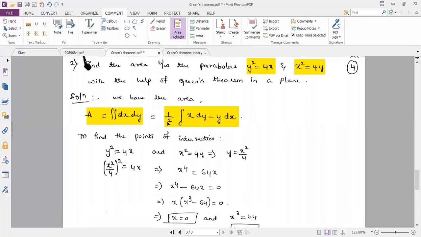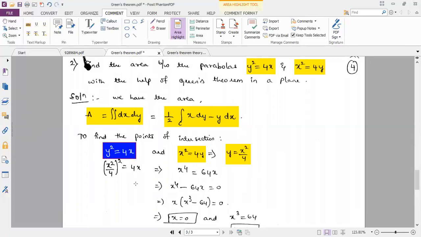Now to find the points of intersection between these two parabolas, we first consider y square is equal to 4x and x square is equal to 4y. From x square is equal to 4y, we can write y is equal to x square divided by 4. We substitute this value of y in y square is equal to 4x and simplify to obtain x power 4 minus 64x is equal to 0.